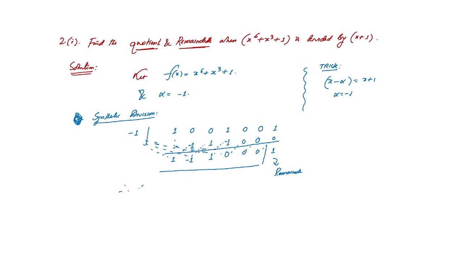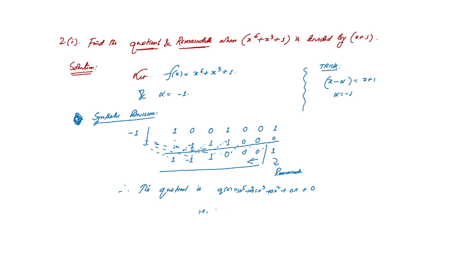Therefore the quotient q(x) equals, starting backwards, 0 plus 0 into x plus 0 into x square plus 1 into x cube minus 1 into x to the power 4 plus 1 into x to the power 5.